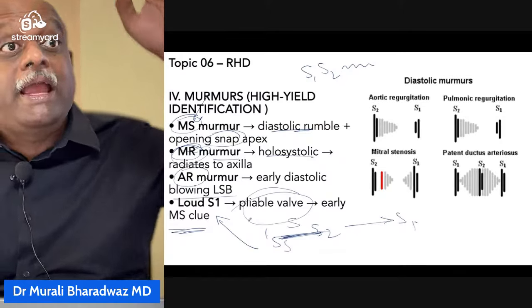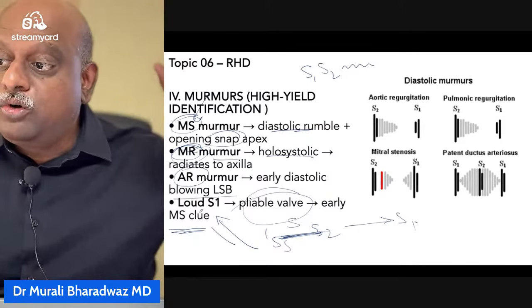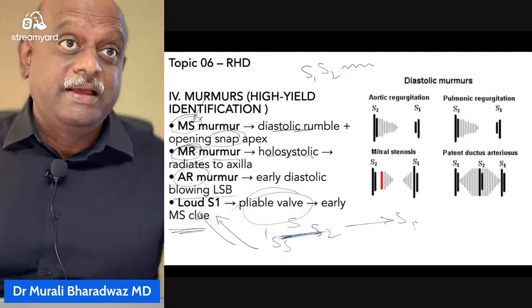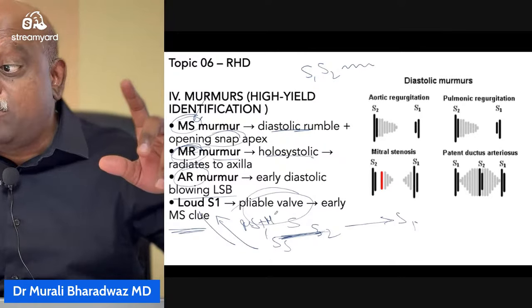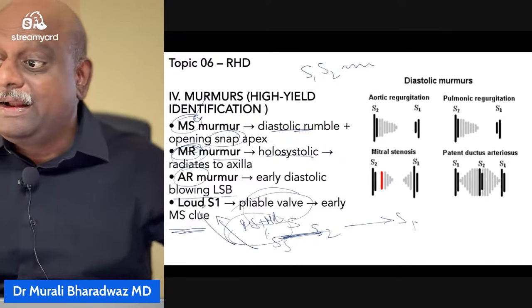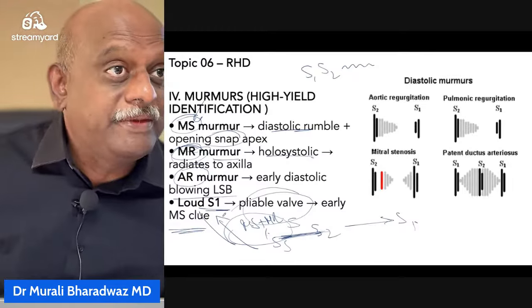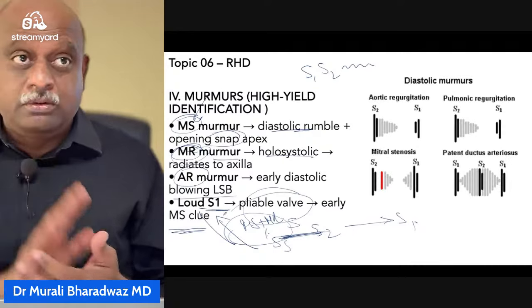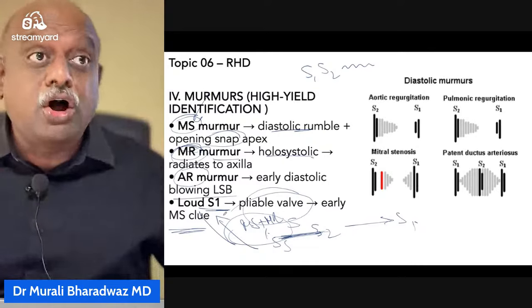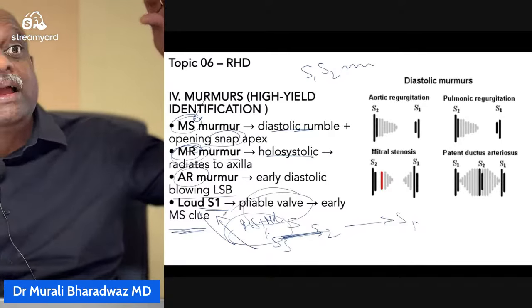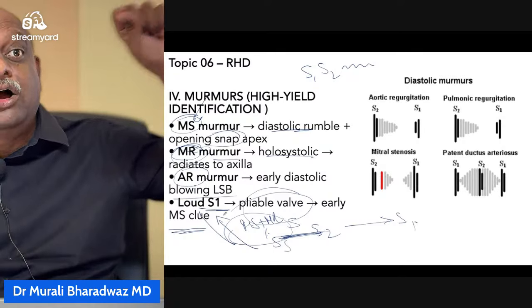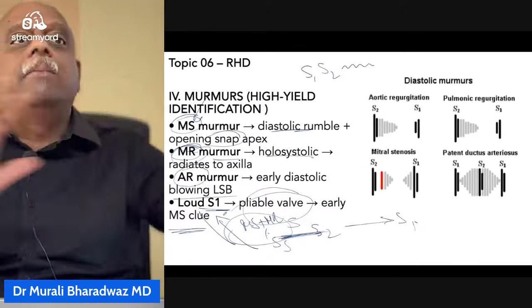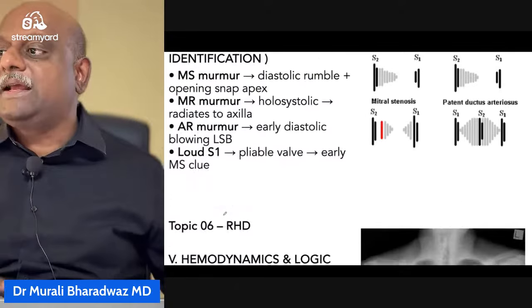If the valve becomes calcified, S1 is no longer loud. Second condition, if the MS is associated with MR also, S1 is no longer loud. So S1 should be loud in MS. If it is not loud, that means it is a degenerated, calcified valve, or there is an associated MR. That's what you need to remember.